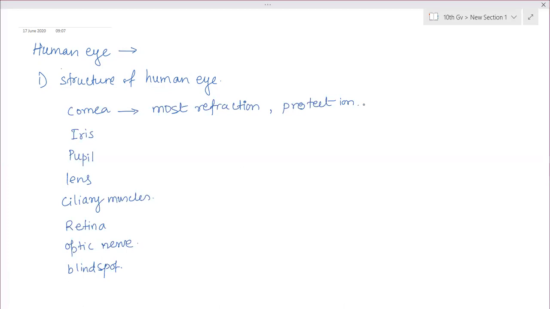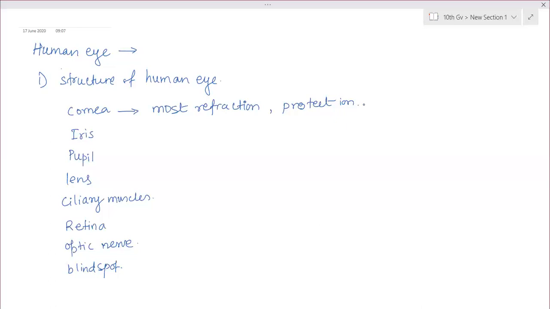It's clear? Here a question can be asked. When you enter a dark room from a bright room, initially you cannot see anything, but after some time you are able to see things clearly, distinctly. Reason? Ma'am, because the iris adjusts itself to relax and let the maximum amount of light enter. Yes, it takes some time for the adjustment of the size of pupil by the iris muscles.